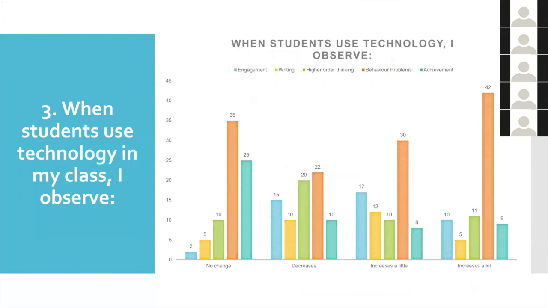Of the participants who integrate ICT into their classroom, 21% saw an increase in student achievement due to the use of the iPad, while 12% saw a decrease in student achievement.